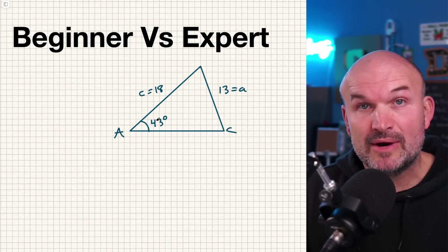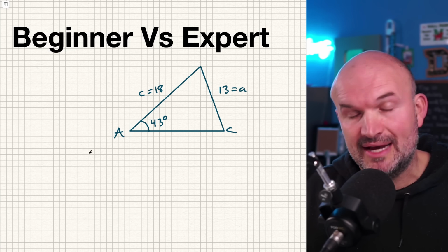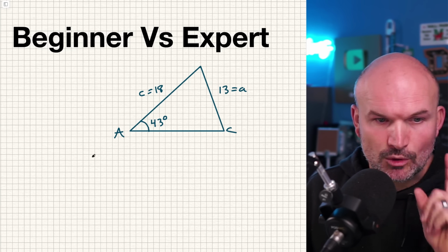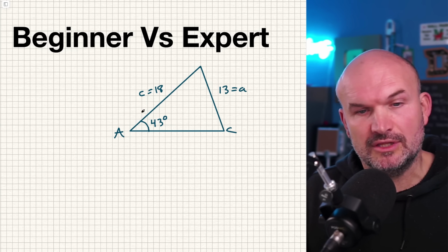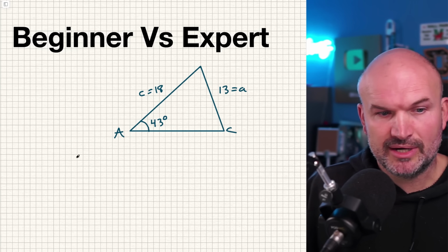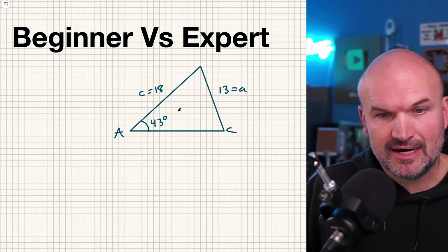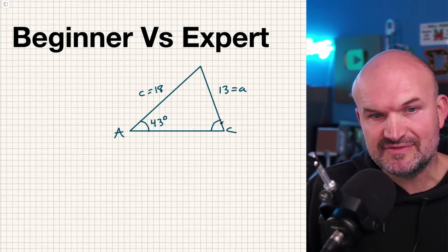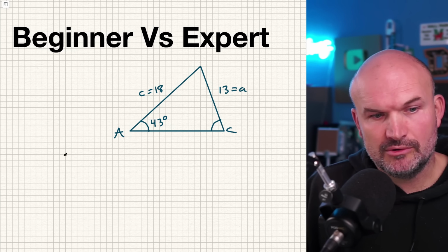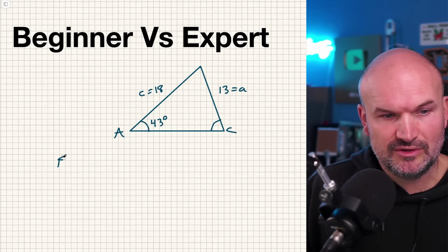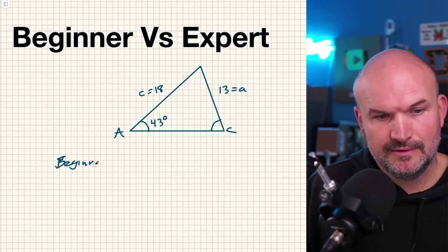So now that I have a ratio of a side versus an angle, I can go ahead and complete the law of sines. One thing I always tell my students, if you're going to try to find whatever you're trying to find for the law of sines, make sure you put that in the numerator. So in this case, I'm going to write my ratio. I'm going to be looking for the sine of C because that is going to be my unknown. I have this ratio and I can create a proportion to solve for C. So what I'm going to write, let's label this the beginner.